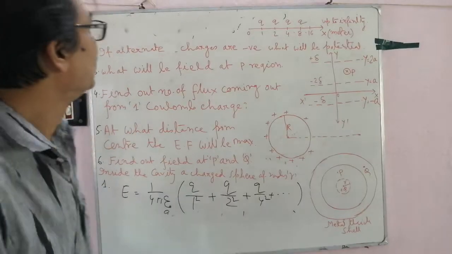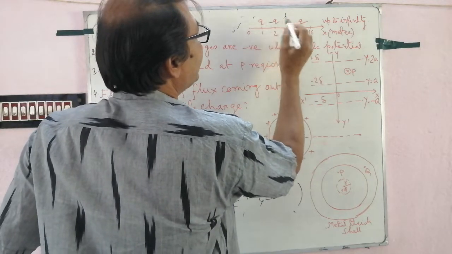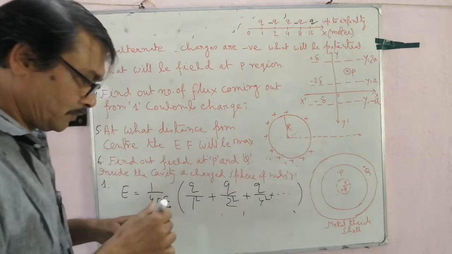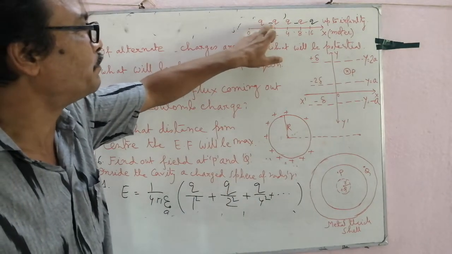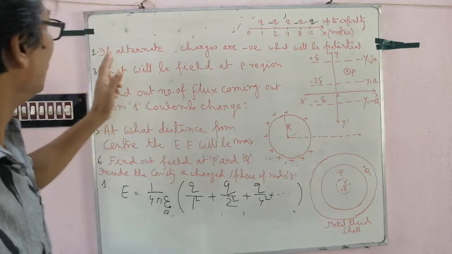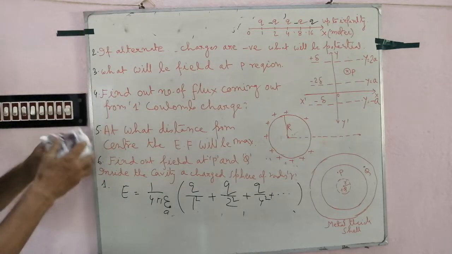Clear? If the alternate charges are negative, follow this: q minus, this q minus, this q plus. First q positive charge, second minus, third plus, next minus. If alternate charges are negative, what will be the potential? Clear? Second question.